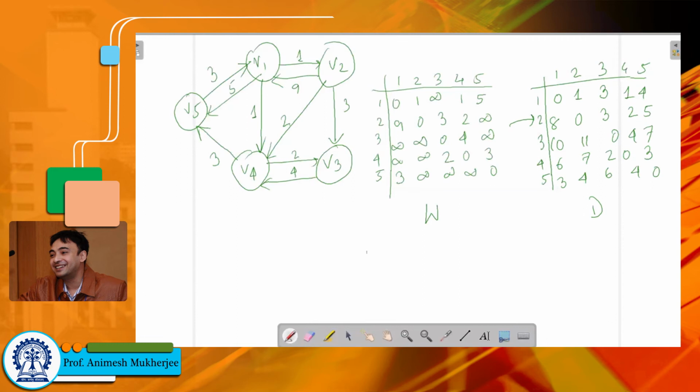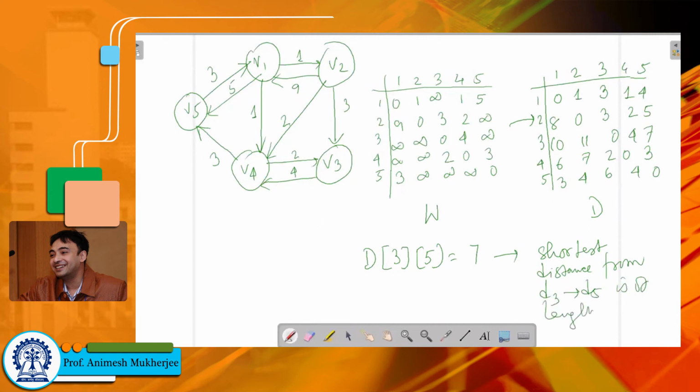Now, the way you read it is as follows. D35 is equal to 7, which refers to the shortest distance from V3 to V5 being of length 7, and this can be easily verified using the left hand graph.